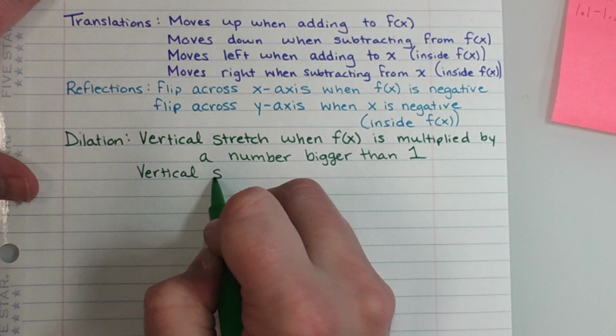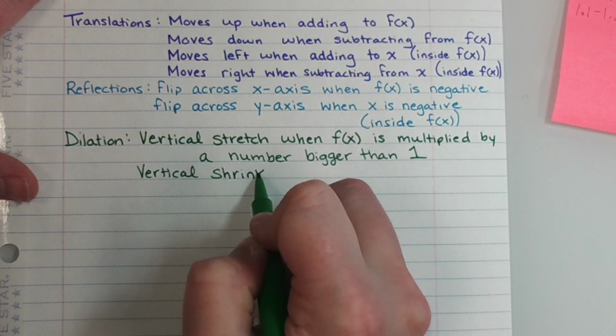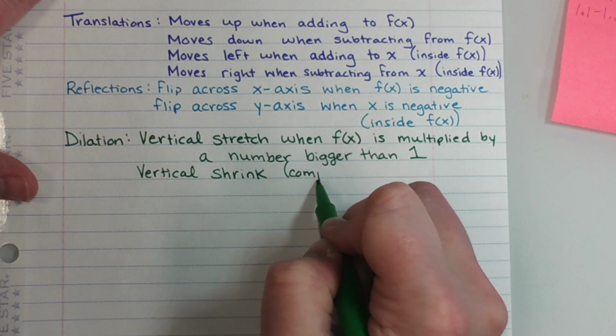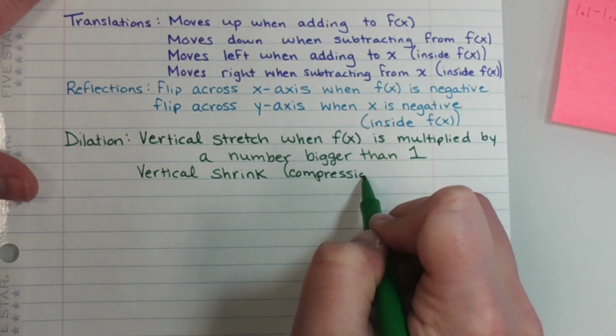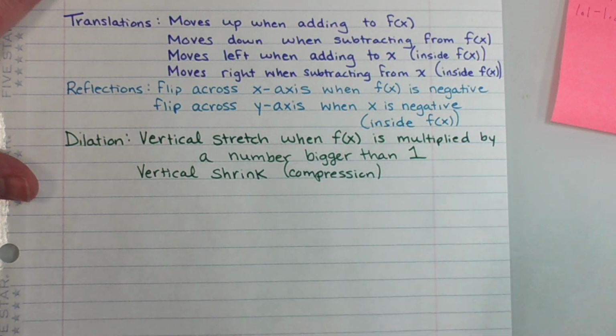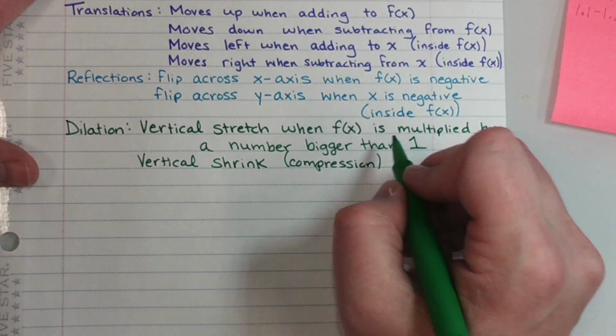And last but not least, we went through a vertical shrink, also known as a compression, when f of x is multiplied by a number between 0 and 1.